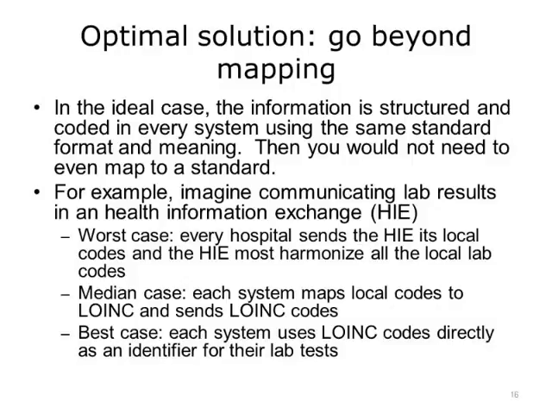For example, imagine communicating lab results in a Health Information Exchange, or HIE. In the worst case, every hospital sends the HIE its local codes, and the HIE must harmonize all the local lab codes. In the median case, each system maps local codes to LOINC and sends LOINC codes. But in the best case, each system uses LOINC codes directly as an identifier for their lab tests.